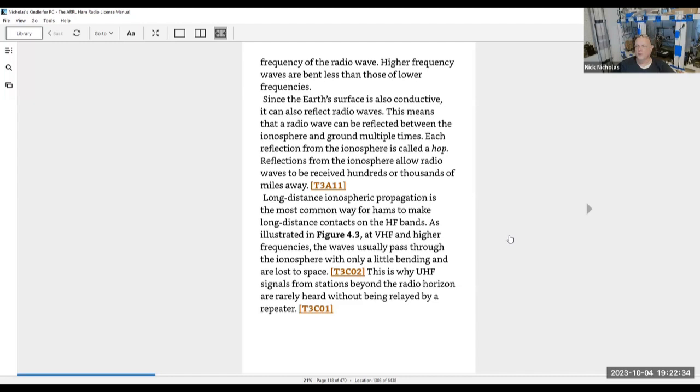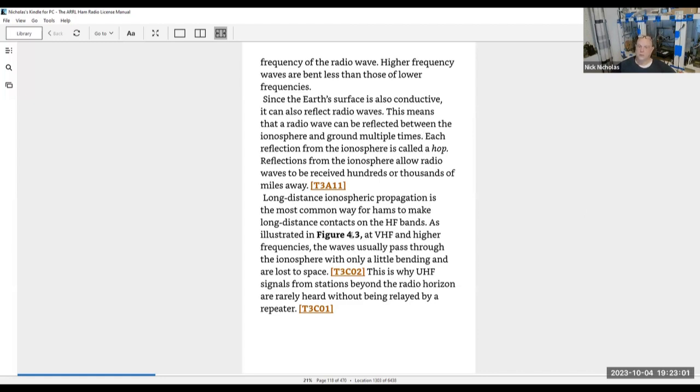The problem is, skipping off the Earth is usually a very low angle, and once it leaves the Earth, it doesn't bounce back. So that portion that directly leaves our antenna and skips off the Earth, unless we specially design antennas to take advantage of it, generally gets reflected straight into space. But it does exist, and there are times when we take advantage of it.